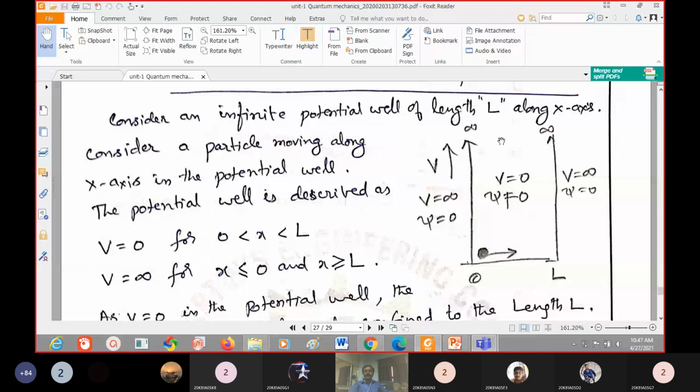If the particle is inside the atom, the atom also has some boundaries.